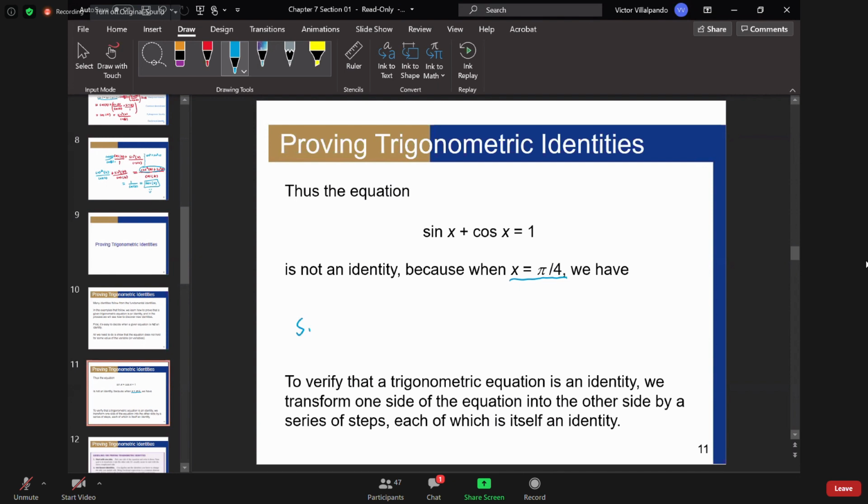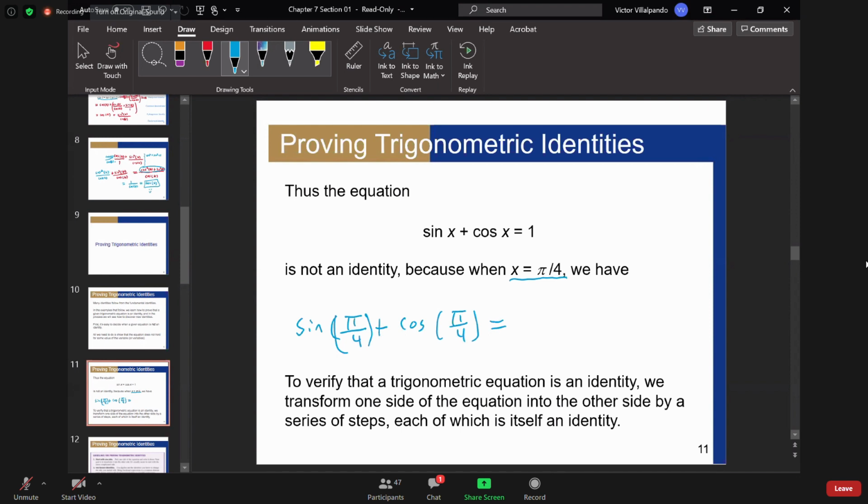All right, sine of pi over 4 plus cosine of pi over 4. Let's see what that equals. I like working with pi over 4 because the terminal point is square root 2 over 2 and square root 2 over 2.